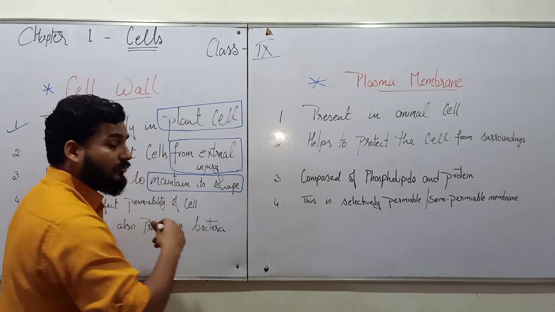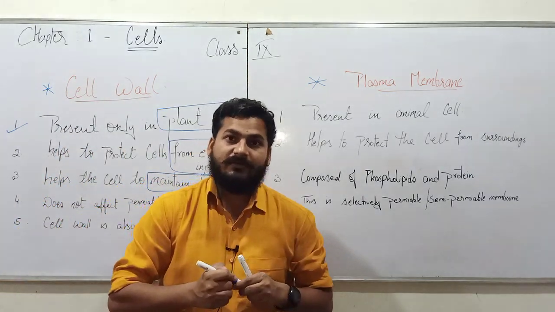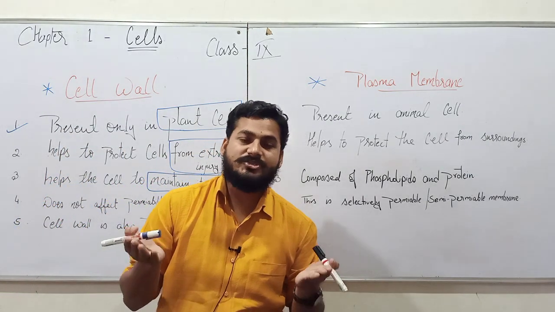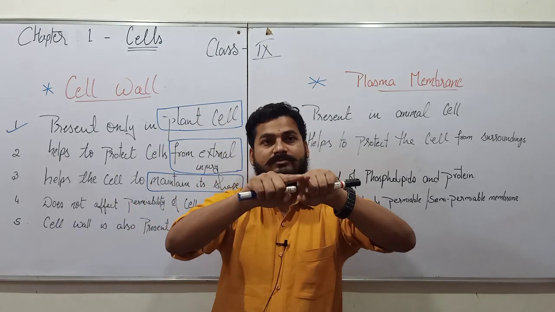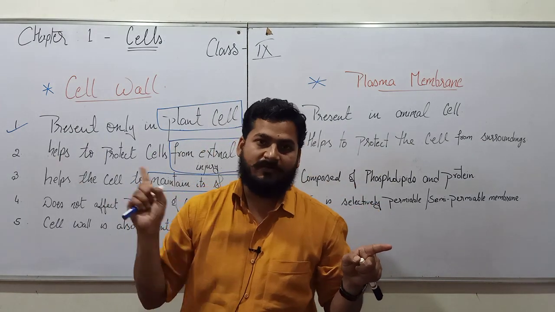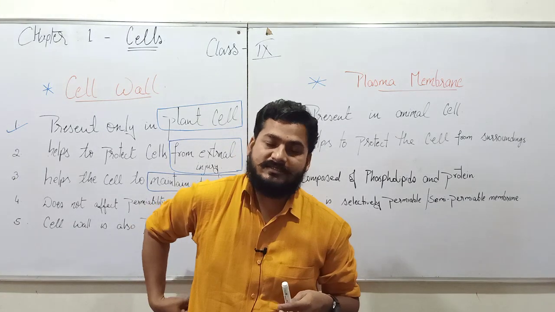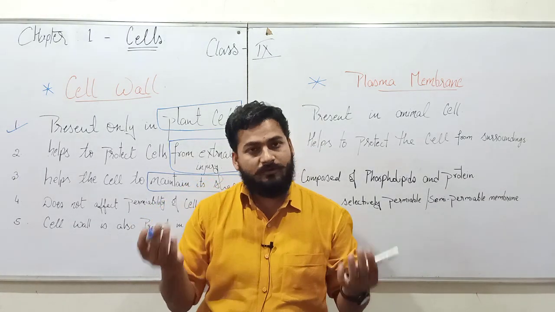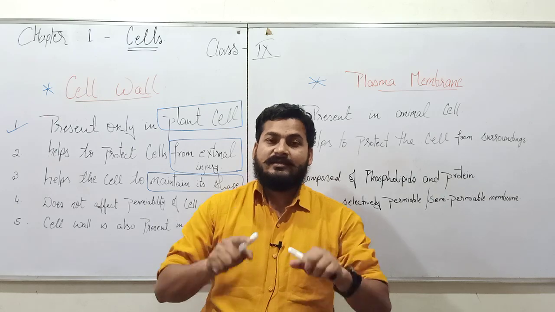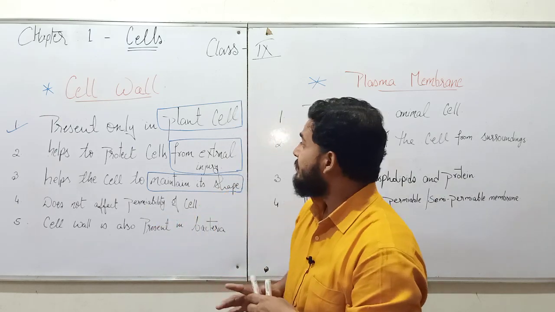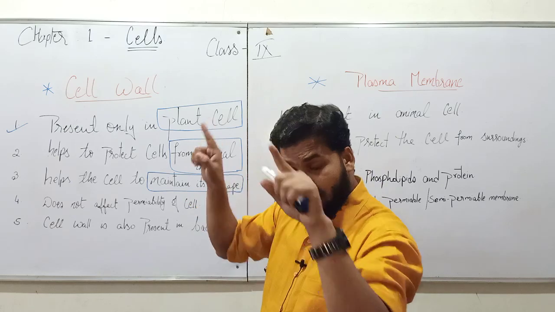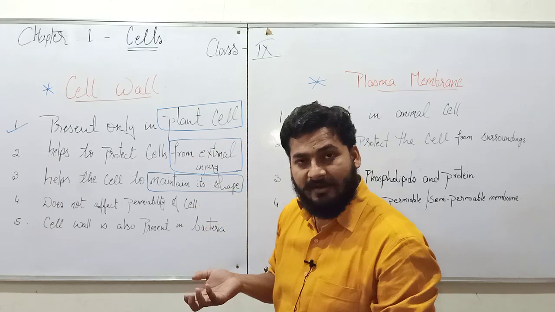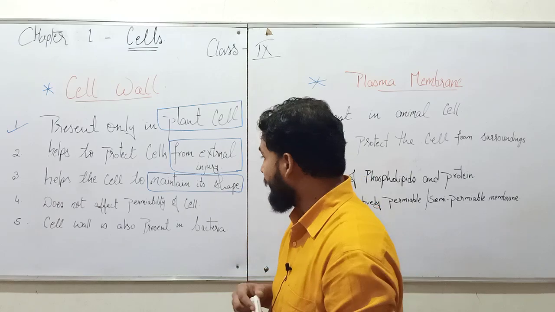Since it's the outermost structure, it will decide the shape of the cell. As is the design of our wall, we call it the same as the structure of our room. Similarly, in the case of cells, whatever is the structure of the cell wall, that is the final structure of the cell.